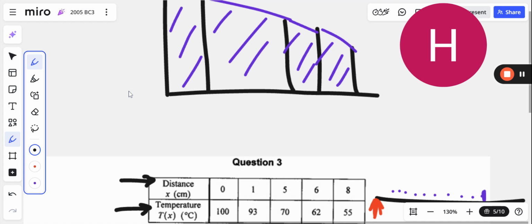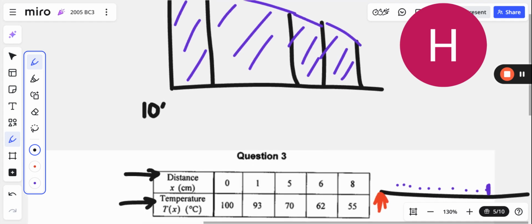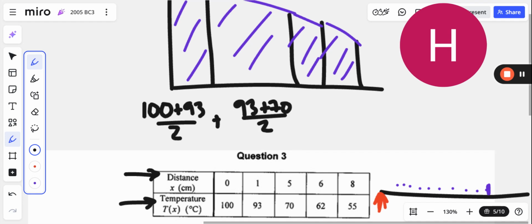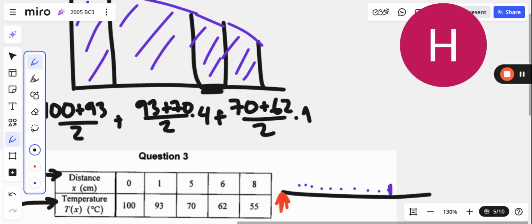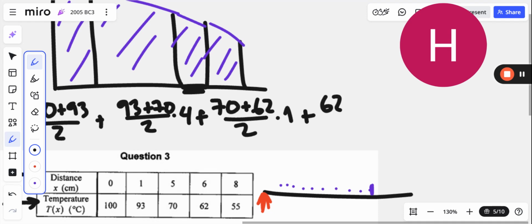So we're going to get 100 plus 93, base 1 plus base 2, over 2, times the height, which is 1, plus 93 plus 70 over 2, times 4, plus the next one, 70 plus 62 over 2 times the width, which is technically the height of the trapezoid along the bottom, plus the last trapezoid, with bases 62 and 55 over 2, and a height of 3.